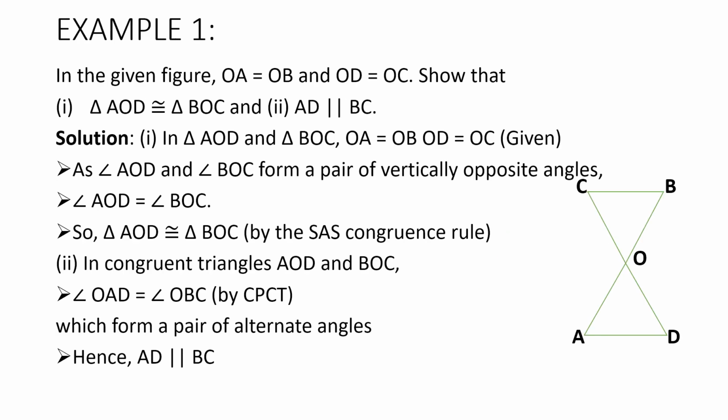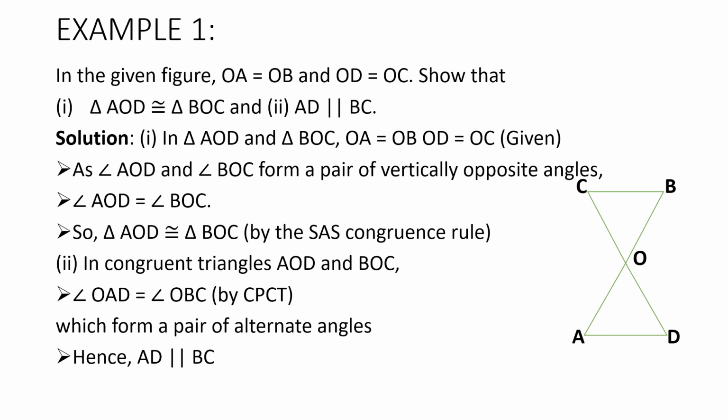Example 1. In the given figure, OA is equal to OB and OD is equal to OC. Show that, first, triangle AOD is congruent to triangle BOC, and AD is parallel to BC.